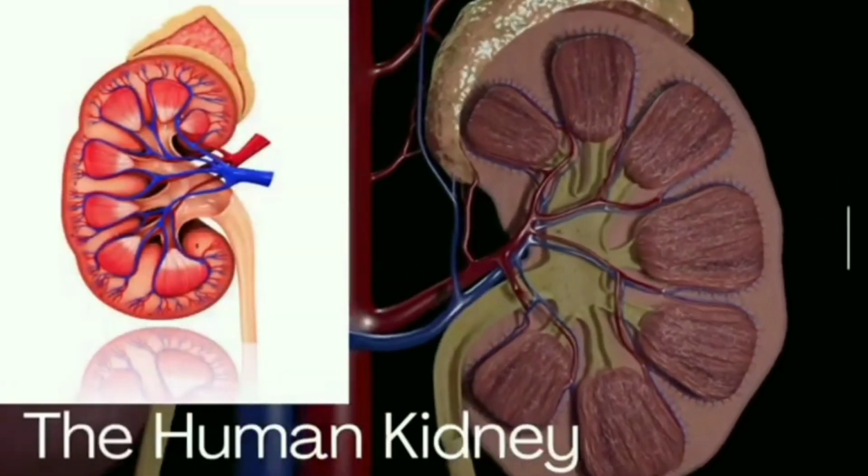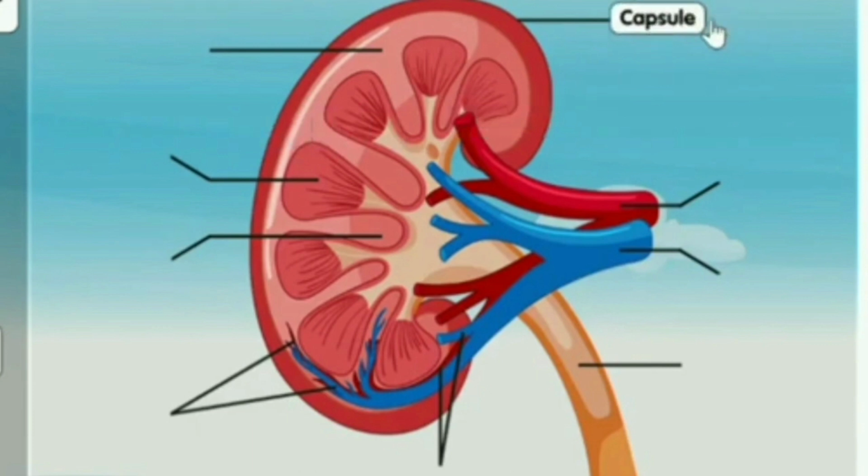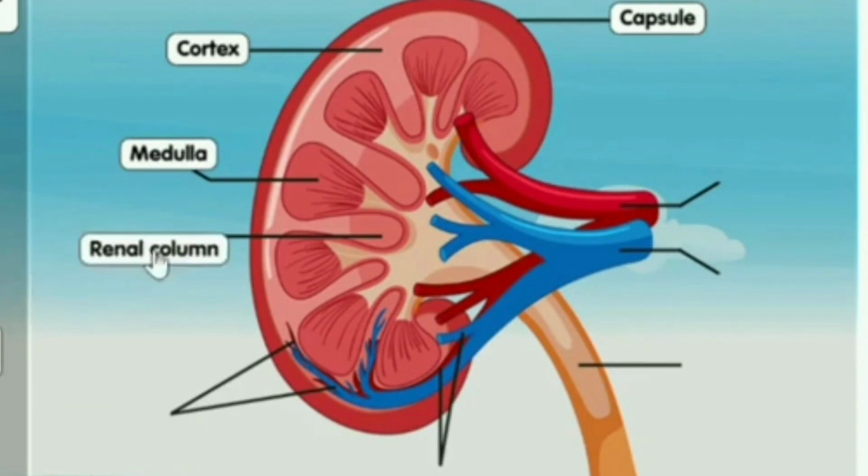Learn how to label the parts of the kidney in this interactive. Capsule. Cortex. Medulla. Renal column.